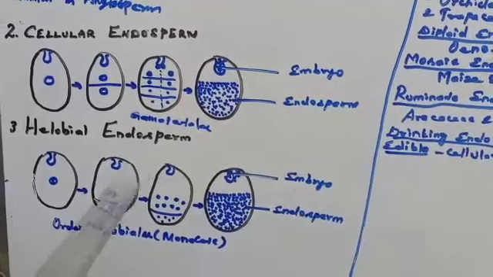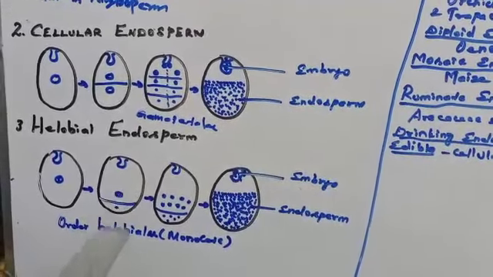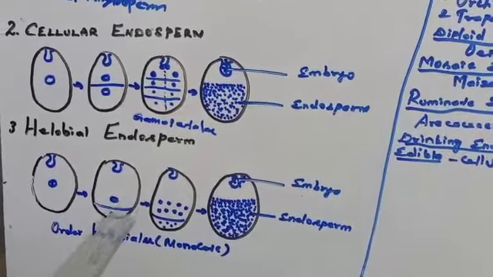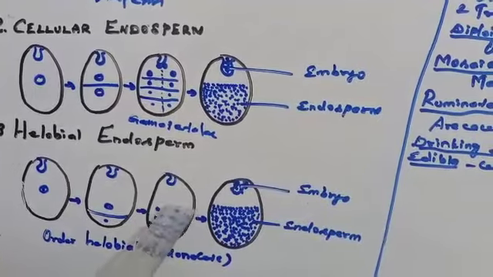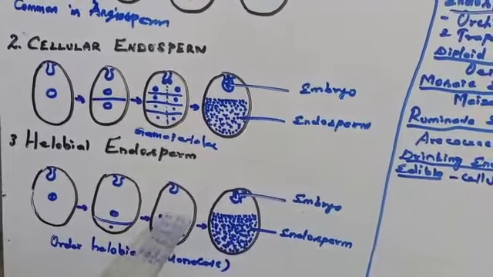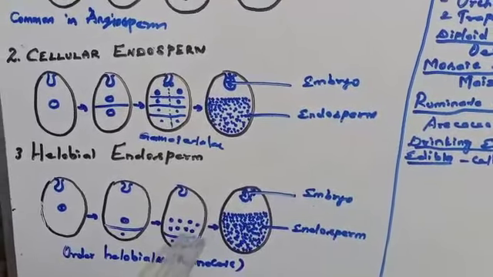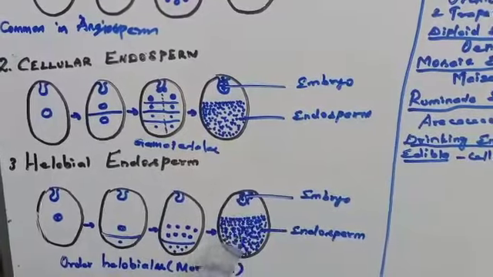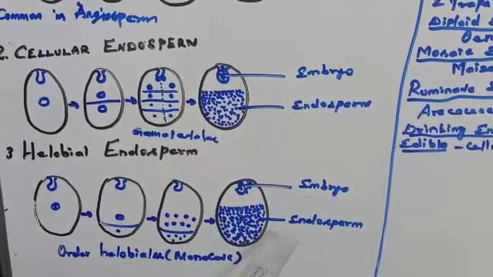The cell towards the micropyle is large. Later, free nuclear division takes place in each cell, this cell and also this cell. Free nuclear division takes place and it becomes multinucleated. Following this, cytokinesis also takes place and then it changes into cellular endosperm.